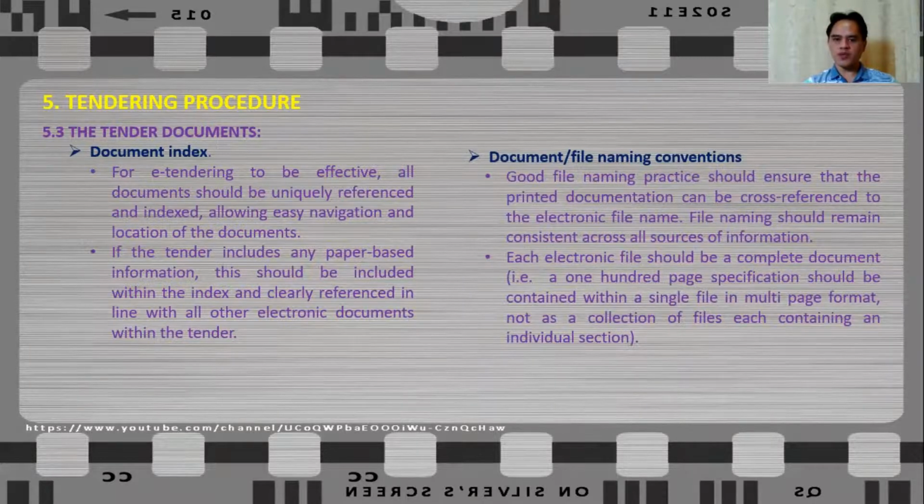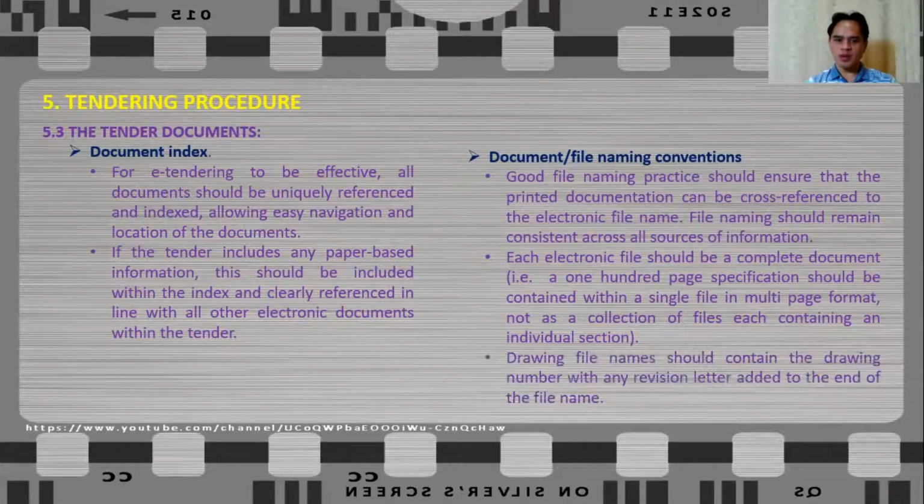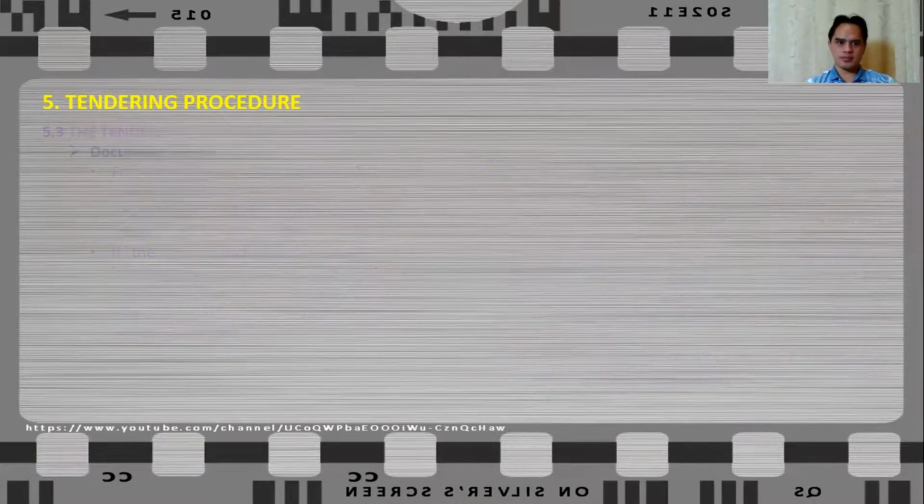For example, if you have a 100-page specification, it should be contained within a single file in a multi-page format, not as a collection of files, each containing an individual section. And drawing file names should contain the drawing number with any revision letter added to the end of the file name. So these are some suggestions for having good file naming conventions.